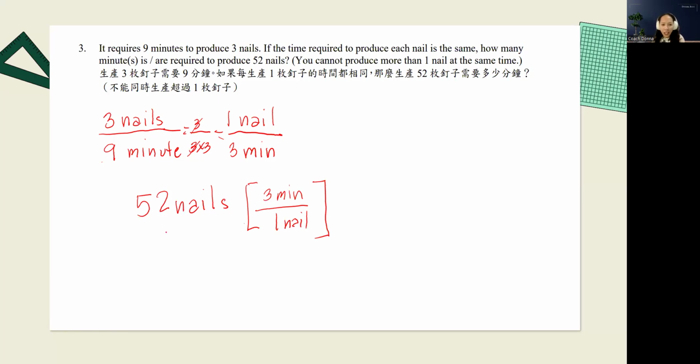So 52 times 3 is equal to 156. So it takes 156 minutes to produce 52 nails. This is our answer, 156.